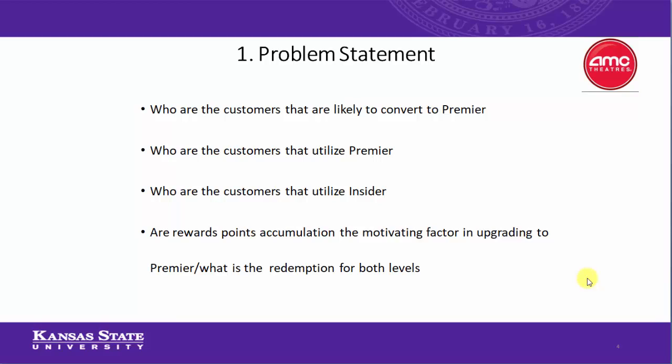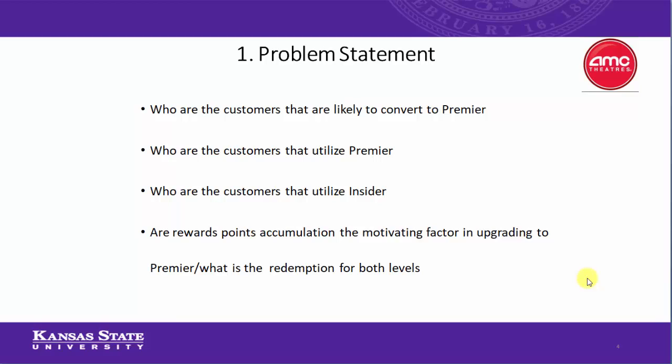The charge to upgrade is $15. Some of the perks of Premier membership include a free extra large fountain drink, $5 rewards, and five times faster earning of reward points than those who remain on Insider. Reward points are good for 9 months.